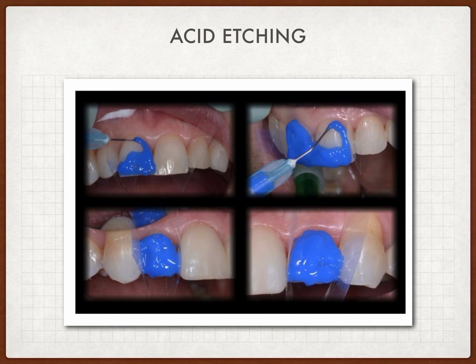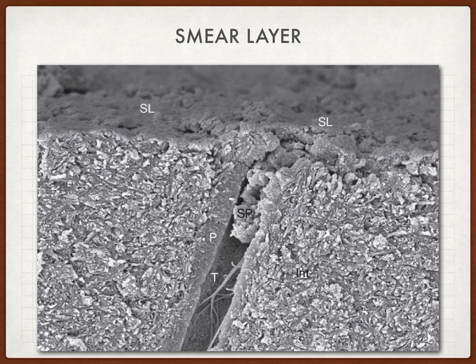The acid etching does not only condition the tooth surface, but it also removes the debris, because it is an acid and acid eats everything, so it will remove the layer of debris that is formed during the cutting procedure of the tooth structure during the preparation procedure.